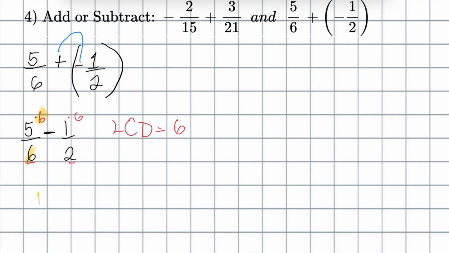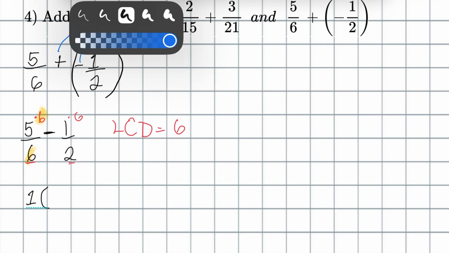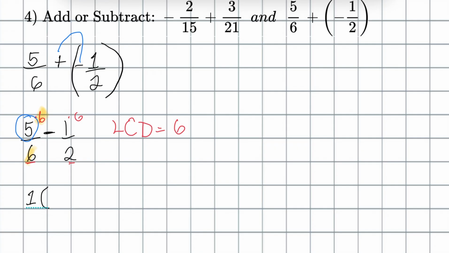Okay, I'm going to use another color because I don't think yellow is the best one in this case. So 6 divided by 6 is going to be 1. We're going to multiply that by whatever value is left here, and that value is 5.